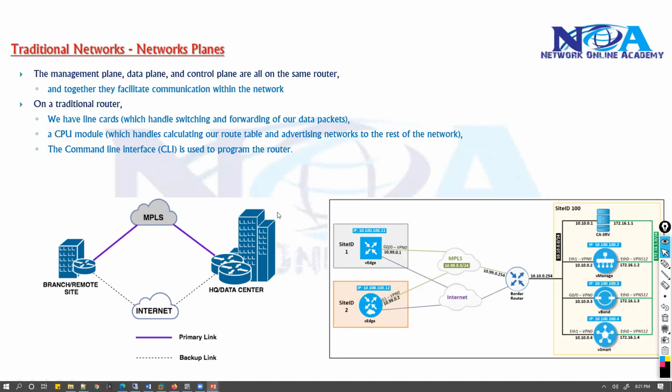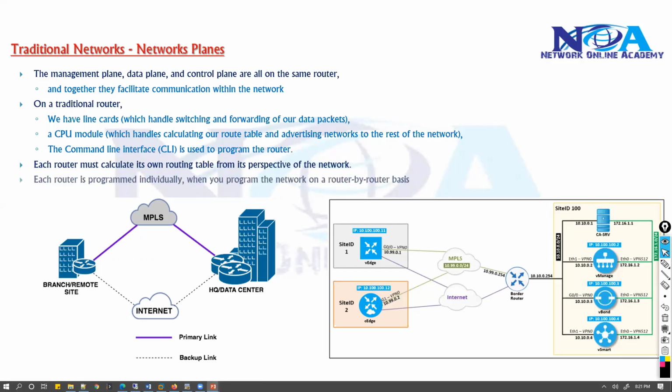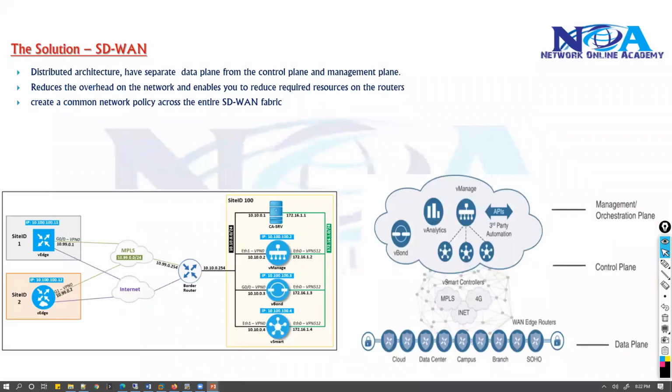But with SD-WAN, these things have changed. Each router has its own routing table, and each device is individually managed and programmed, separately. With SD-WAN, this architecture is completely changed.